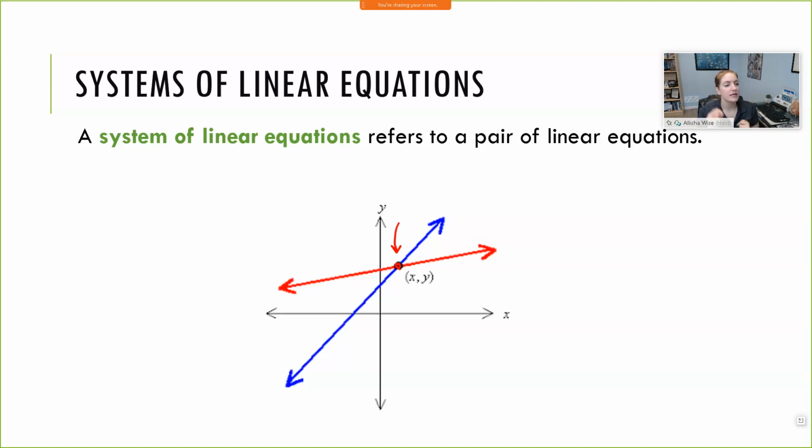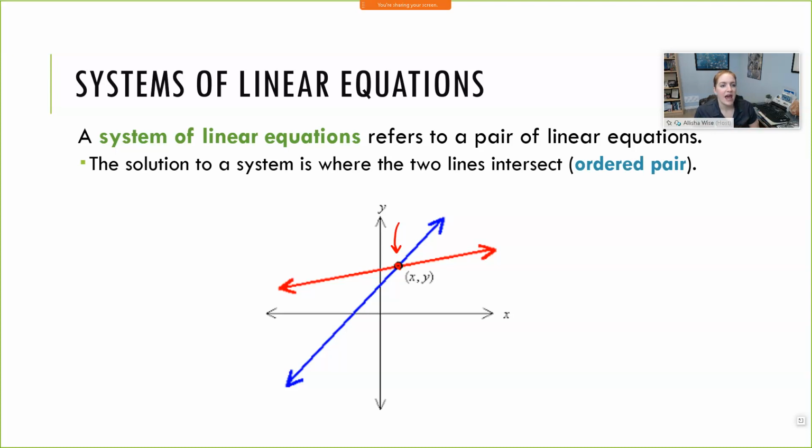Remember before, linear equations have an infinite number of solutions, anything that fits a line. Well, in our practice problems in the first part, there's only going to be one solution. And of course, that's an ordered pair where they intersect. So you're looking for x and y.